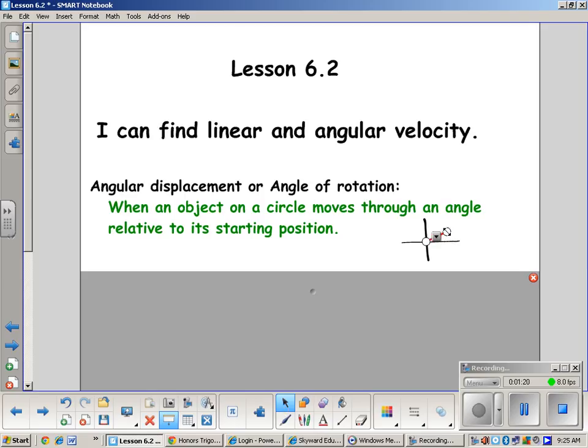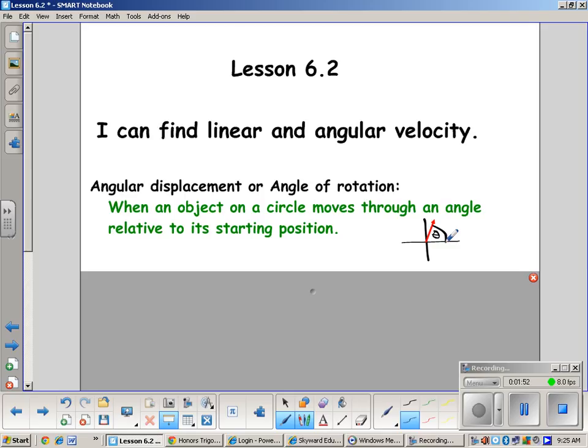If I rotate that through a circle and say I stop here, the angular displacement would say how much of an angle did that move through? In other words, they're asking, what is this angle here? That's what they mean by angle of rotation or angular displacement.